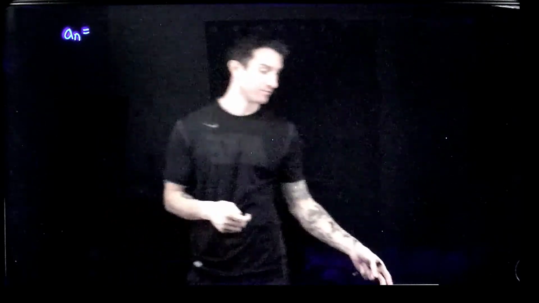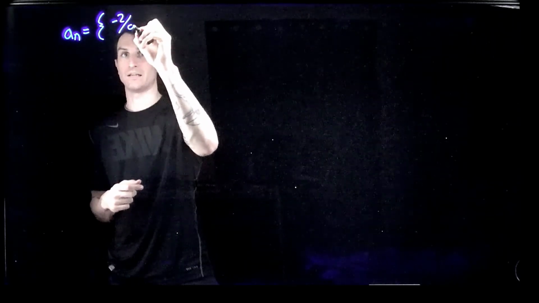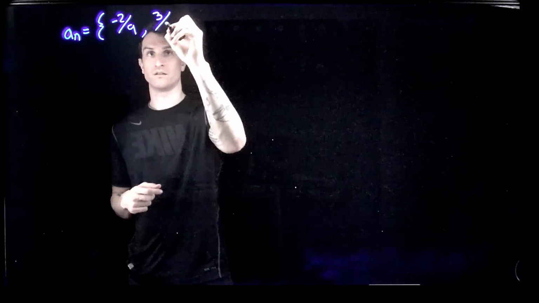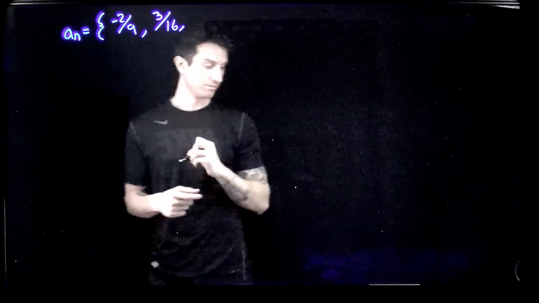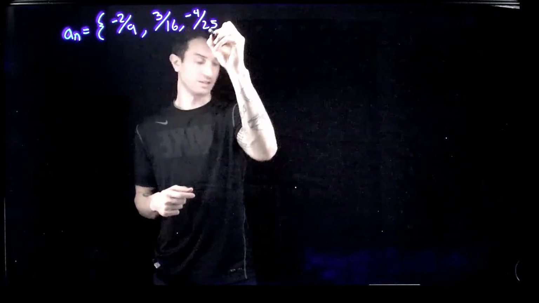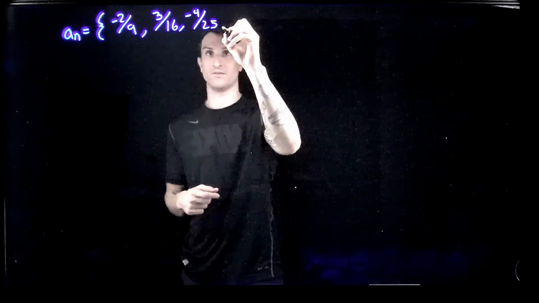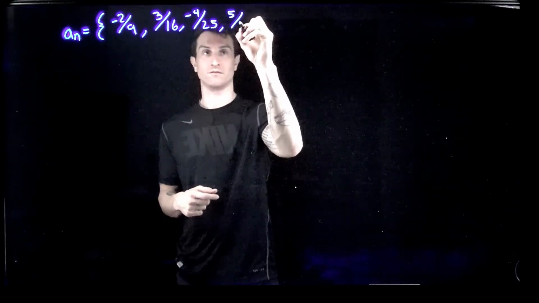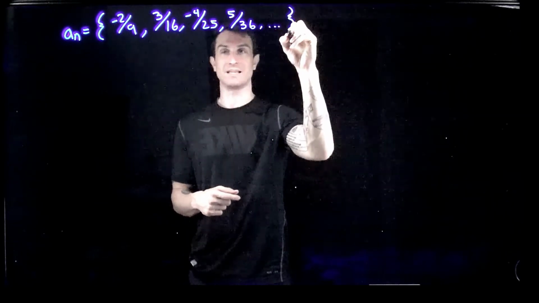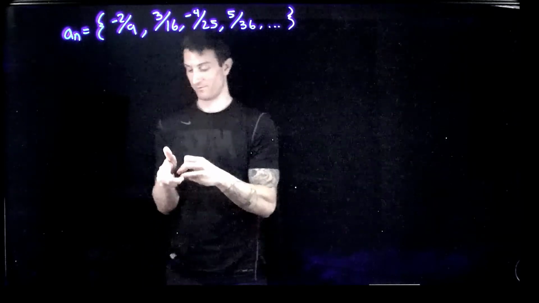Meaning if I give you some terms, so let's say a sub n is equal to the set, I'm going to give you the terms now: negative 2 over 9, 3 over 16, negative 4 over 25, and I think we can give you one more here, 5 over 36, dot, dot, dot.